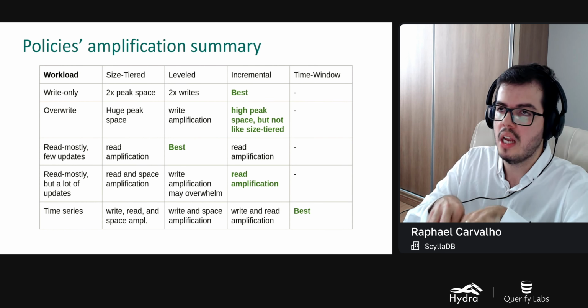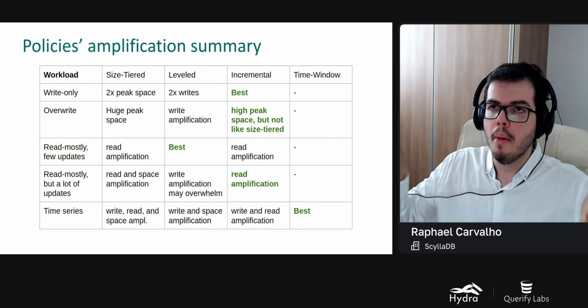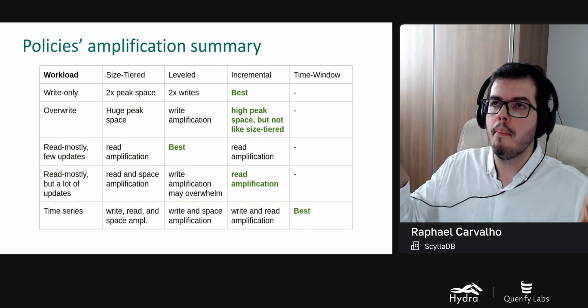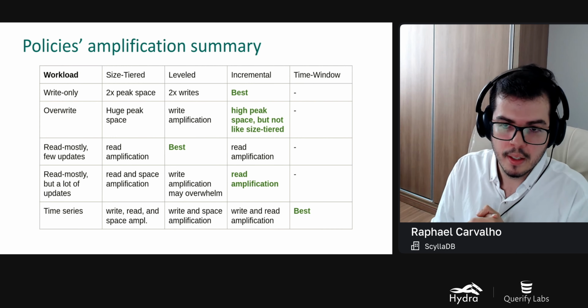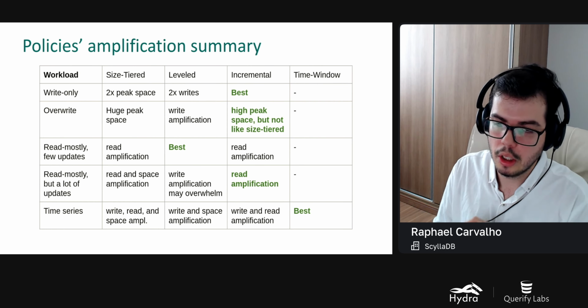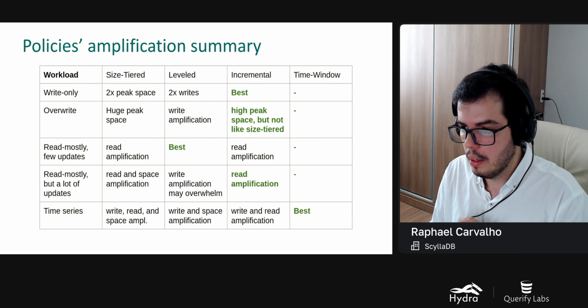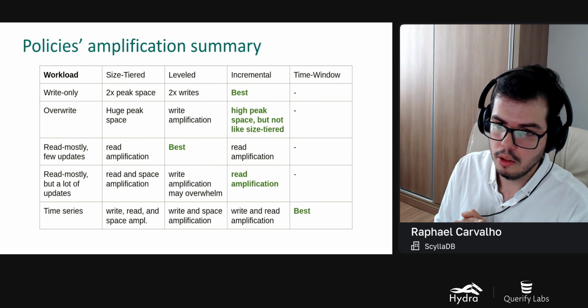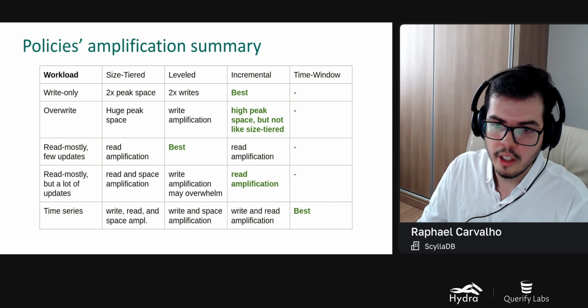It's basically about segregating the LSM-tree into multiple ones, where each belongs to a different time window. So you can see the summary. We already talked about many use cases where each strategy works best, so you can look at this summary to figure out which strategy to use.